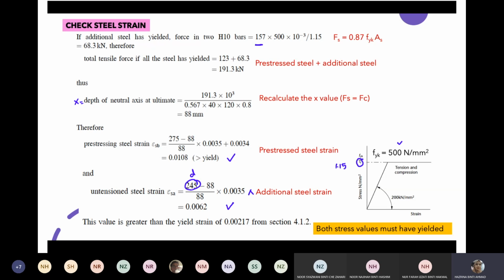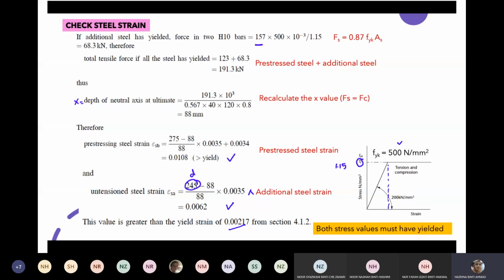As long as it is steel, the partial factor of safety is fixed at 1.15. So we have fyk divided by 1.15, then divided by 200 kilonewton per millimeter square, and we get the yield strain of 0.00217.